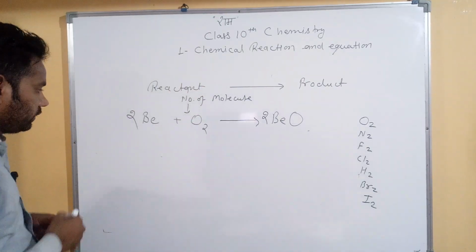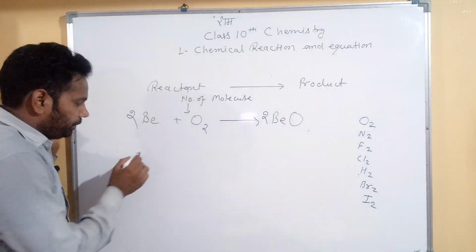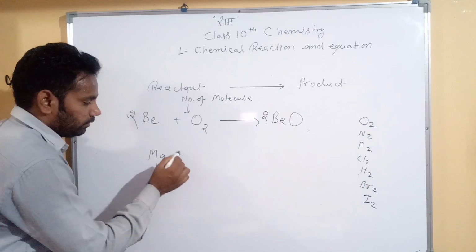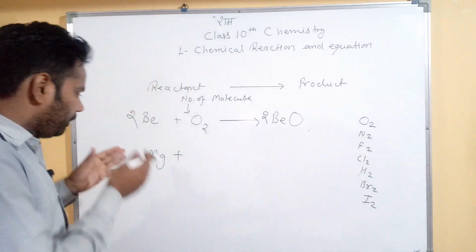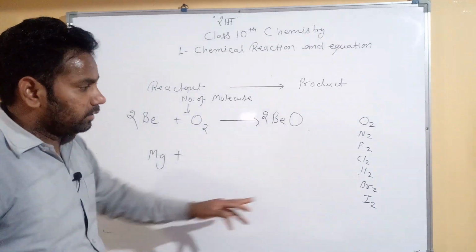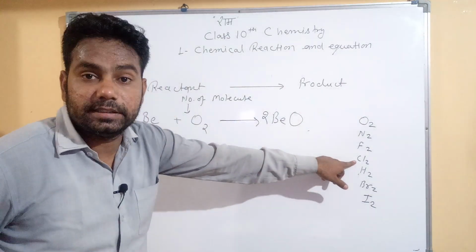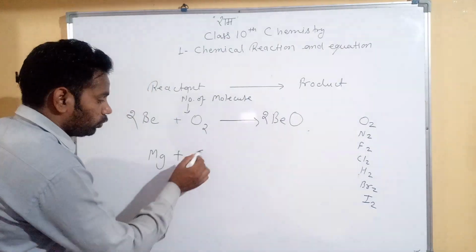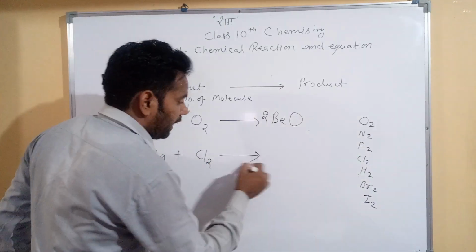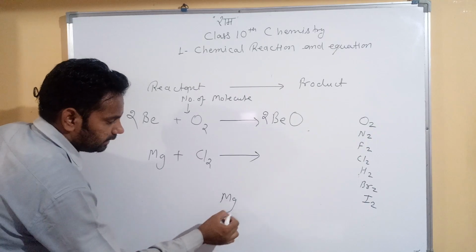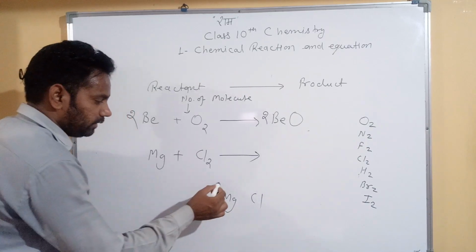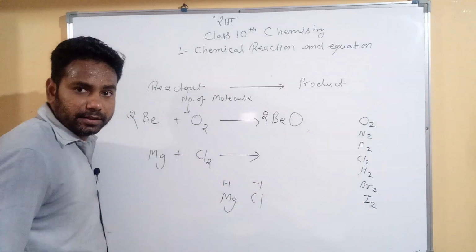If I say magnesium reacts with chlorine, we know magnesium is Mg, but chlorine is Cl2, arrow. So our product comes from cross multiplying Mg and Cl. Mg is +2, Cl is -1.